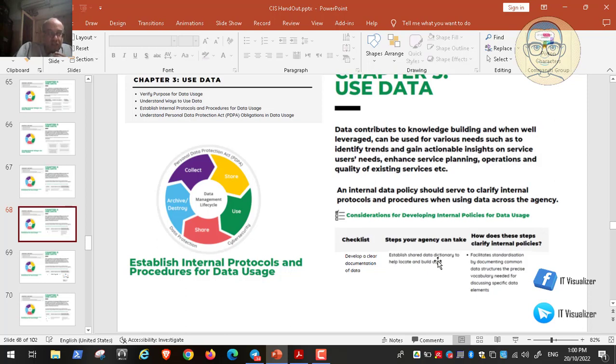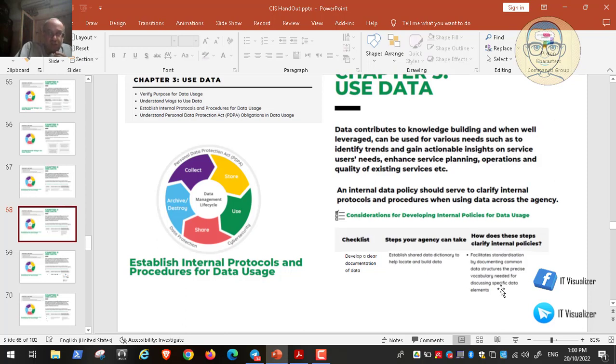What is IT data? This should be in a data dictionary so IT can know which data is identified as information technology data. It says it facilitates standardization by documenting common data structures and the precise vocabulary needed for discussing specific data elements.